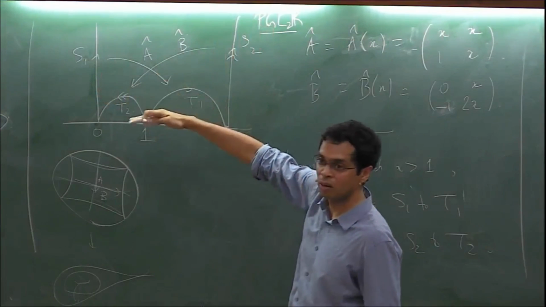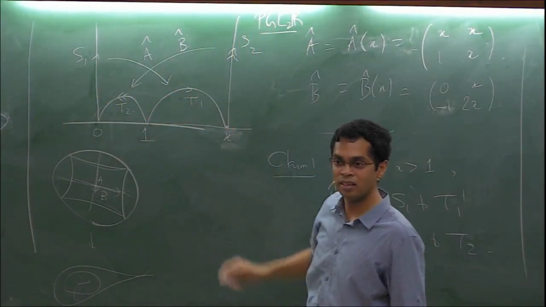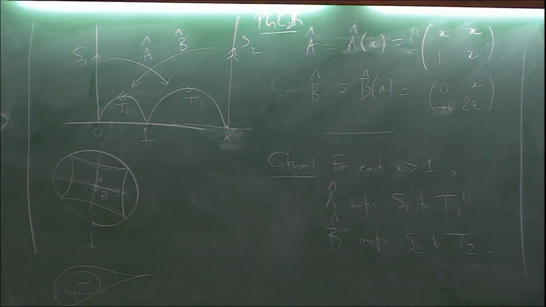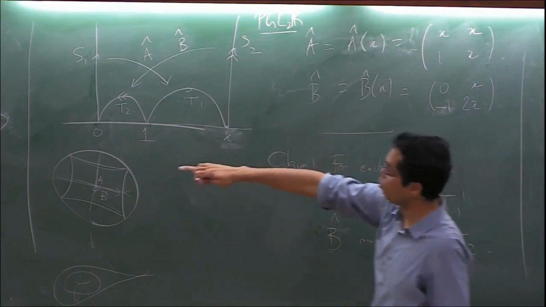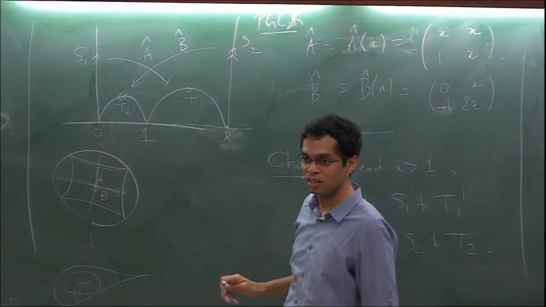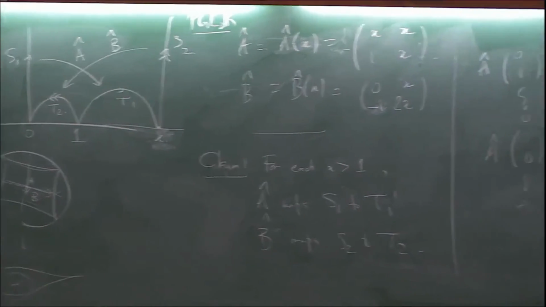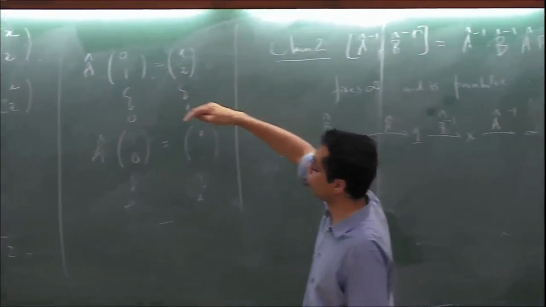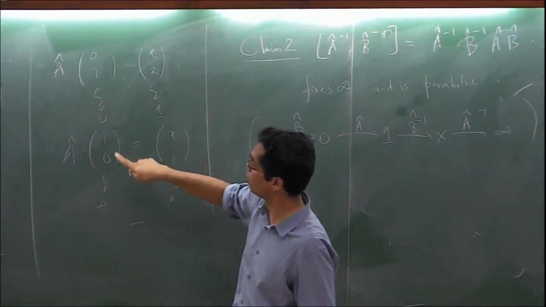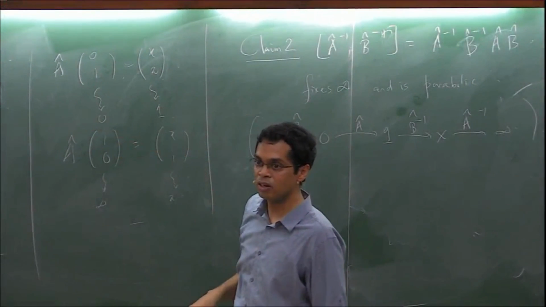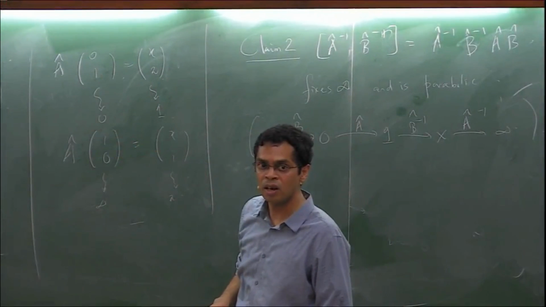Maybe now it's clearer. I've just written down a matrix that takes 0, infinity to 1, x. This is a matrix which does that. This is how you come up with that matrix A hat: you know what the second row has to be, and you know what the first row has to be. I leave that to you.